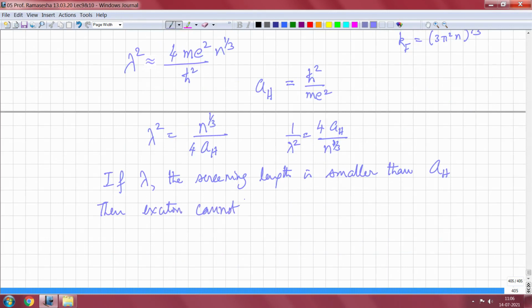This is just a thumb rule, this is empirical, simply because the potential due to the positive core is completely screened off at a distance like 3AH or so, so you will not have the 3s electron getting bound to the core. So, the binding energy will be very, very weak, and you can say that there is no binding. Which means that if 1 by lambda squared is less than AH squared, because 1 by lambda is the screening length, then exciton cannot be bound.